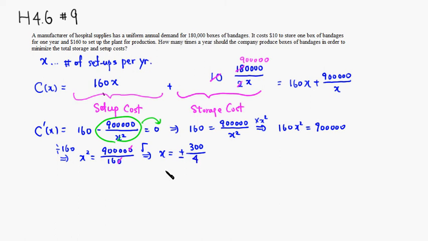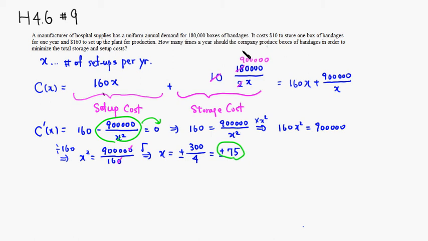So this is going to be plus or minus 300 divided by 4, which is 75. So we got plus or minus 75. Of course, it's a number of setups, so it's got to be a positive number. So 75 is the number of setups.